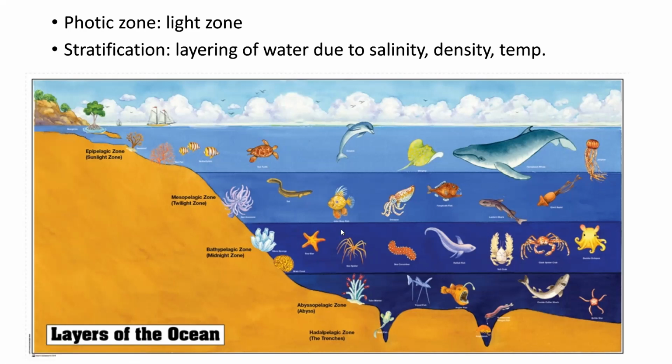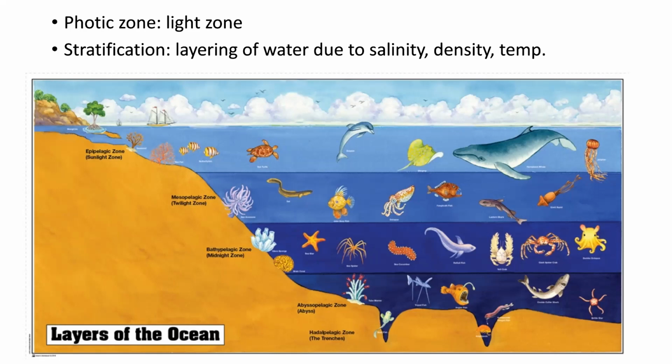And then with these, we're going to see different adaptations in these different regions as well. So even if they're in the same location geographically, depending on where they are in terms of the water column, so the level of water that they're in, that's going to affect how they adapt as well. So the further down, the less light there's going to be. That's going to require different adaptations from the top, because we're also going to see different temperatures and just different environmental conditions overall.